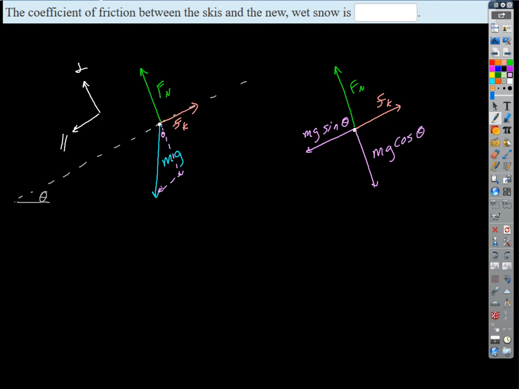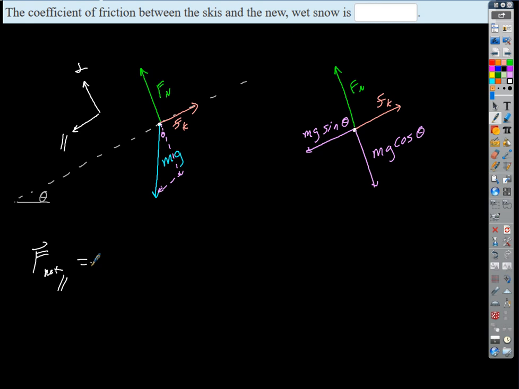Okay, so what's one equation of motion? You pick a component. Which one do you want to do first, parallel or perpendicular? Parallel. Okay, so the parallel component of the net force would be what? Give me one parallel force that's acting.